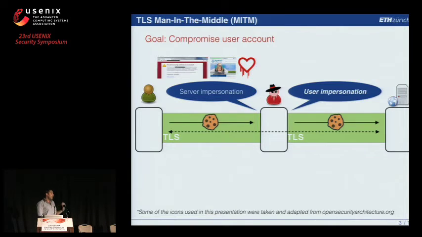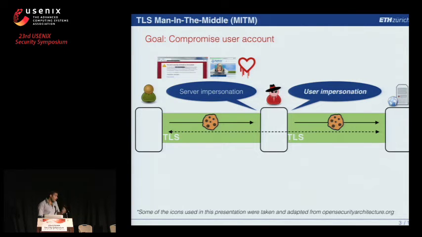Then as the browser tries to issue an HTTP request to the legitimate server, the attacker is able to steal the user's authentication credentials. It might be a password, but in this case it's just a cookie that authenticates the user. So the attacker steals the cookie, and then through a new TLS connection from the attacker to the server, the attacker is able to impersonate the user to the server and access and compromise the user's online account.